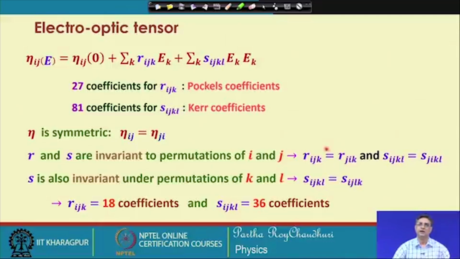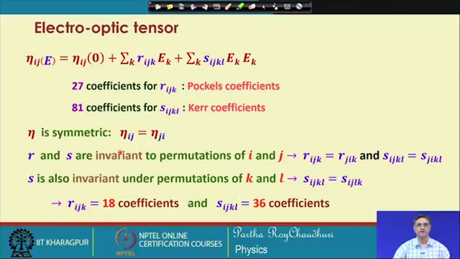As a result, Rijk equal to Rjik, and similarly Sijkl equal to Sjikl. And in the same way, S is also invariant under permutations of k and l. So, you can write in this form, with k and l reversed.